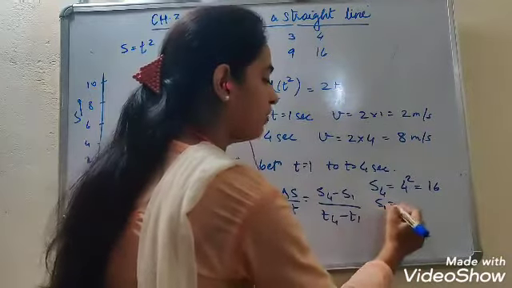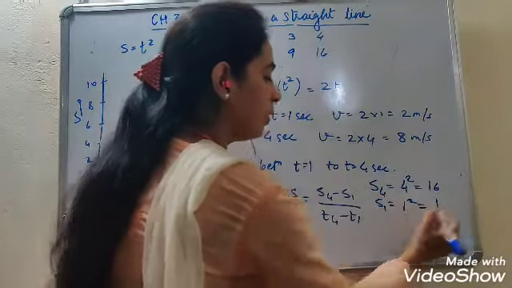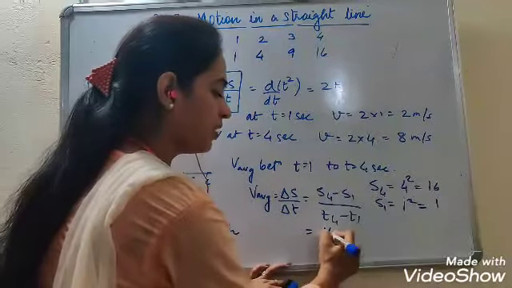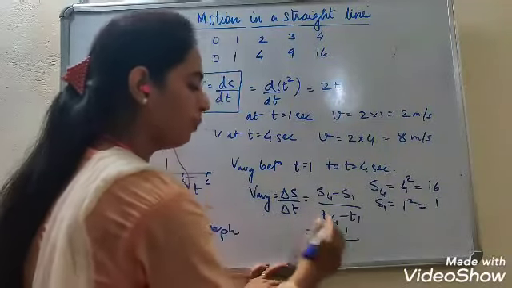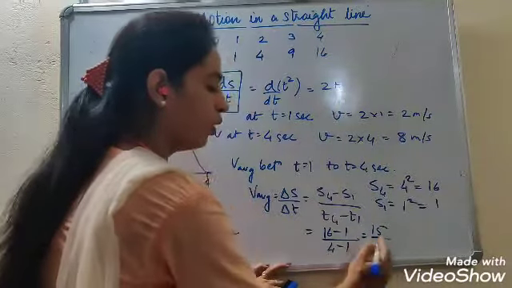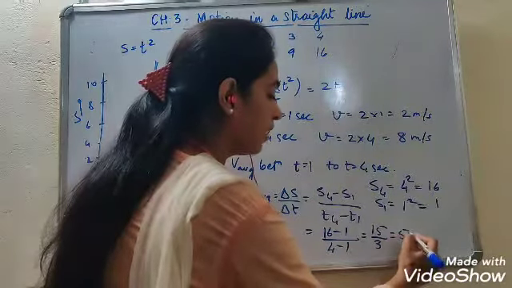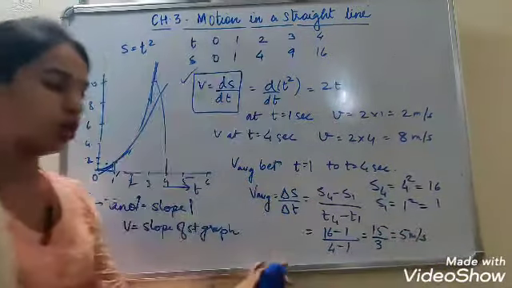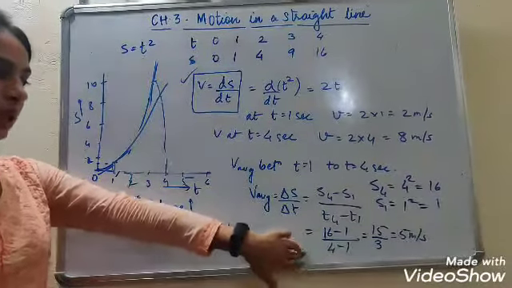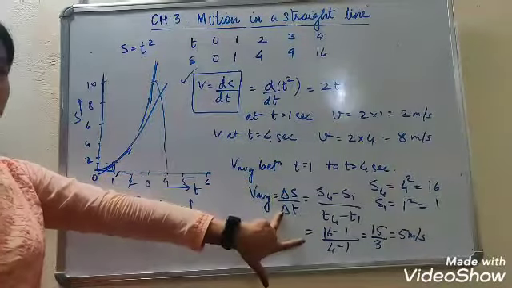Okay, and S1 will be 1 square, that is 1. So S4 minus S1 will be 16 minus 1 upon 4 minus 1, that is 15 upon 3, that is equal to 5 meter per second. So like this we can find average velocity of a body using the formula delta S by delta T.